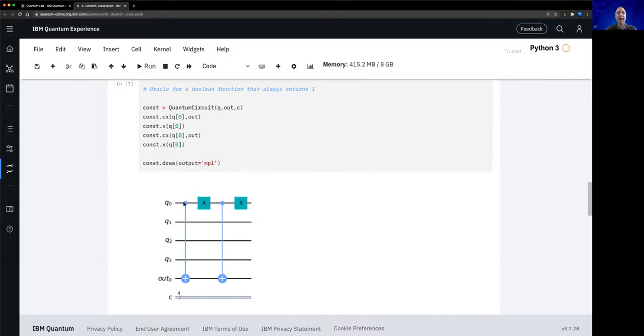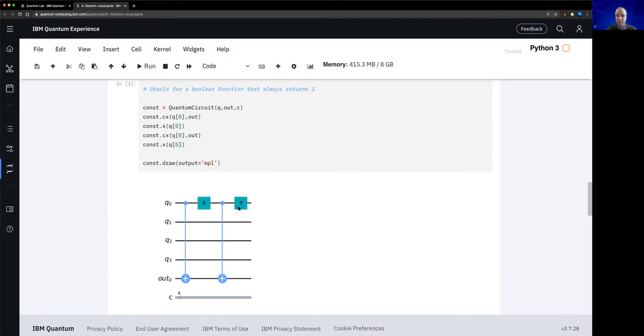And if Q0 is 0, then this is going to do nothing, because this is a control gate and the control is 0. Then this X gate is going to change from 0 to 1, then this gate is going to act and invert the qubit here, and then we are going to return the qubit to its original state 0.